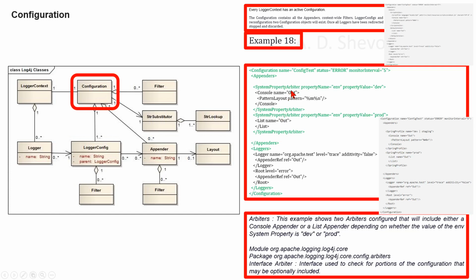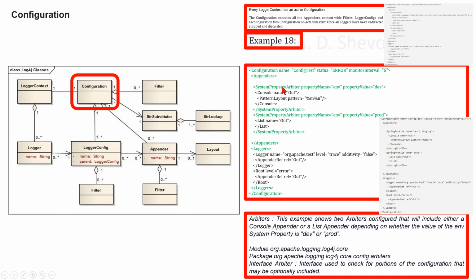Arbiters may also be nested, through arbiters that are the descendant of another arbiter, and will only be evaluated if the parent arbiter returns true. The child element of an arbiter must be a valid element for whatever element is the parent of the arbiter.